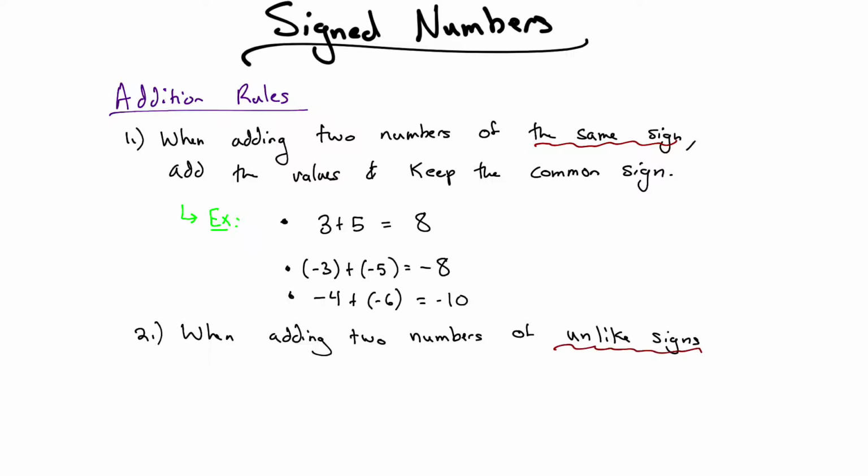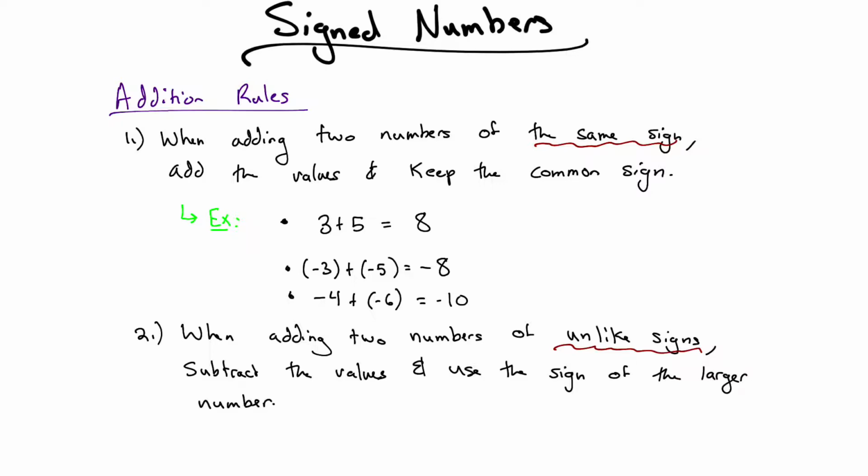When you're adding two numbers of unlike signs, subtract the values and use the sign of the larger number. So subtract the values in the most natural way, and you'll see what I mean in just a second.